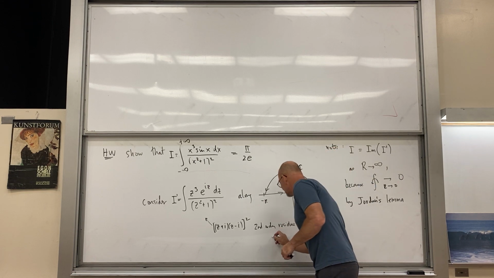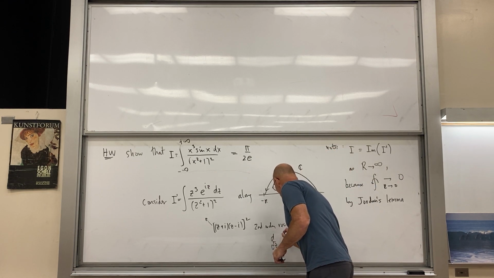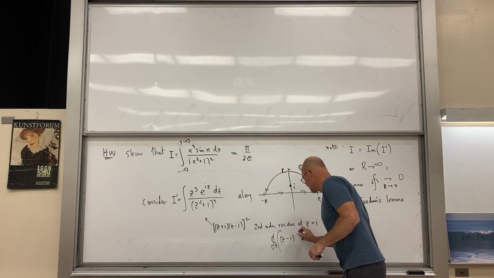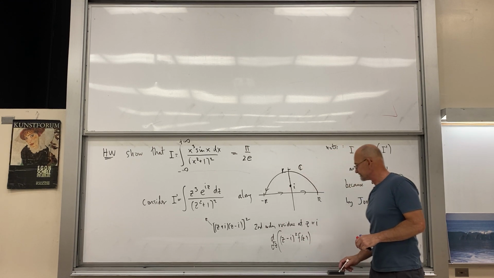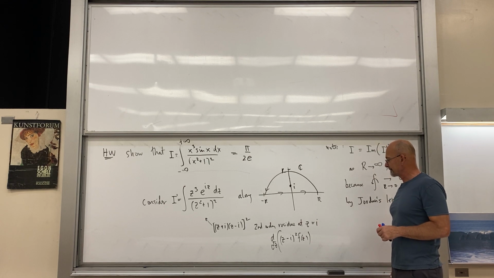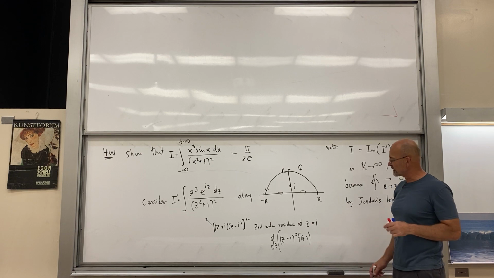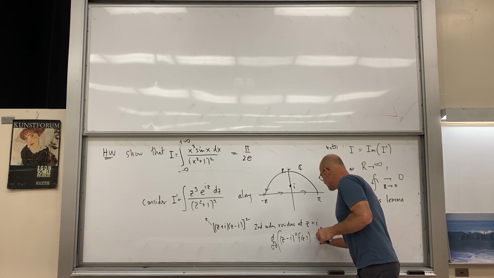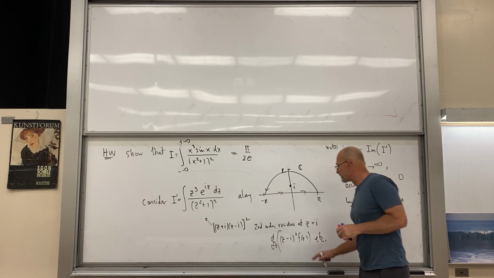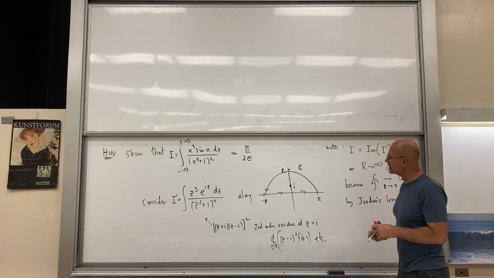And you know that was the d/dz of (z minus i) squared f of z, right? We had that theorem. To cancel out those residues. So, etc. That was also the tip you had to use.